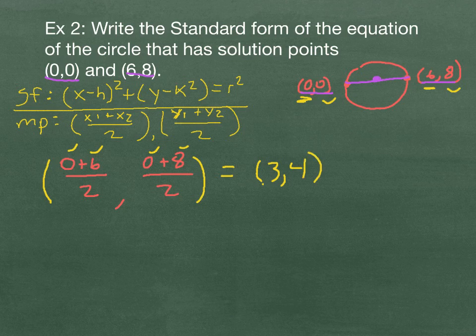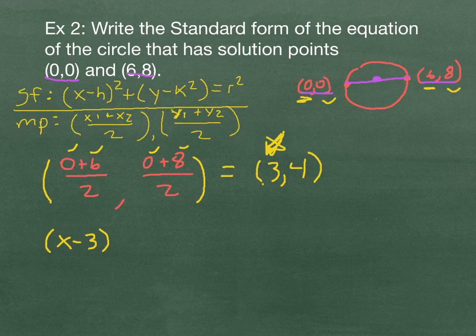Now that I have the midpoint, what I will do is substitute it into the standard form equation. So, x minus 3, remember it's a minus because it's a positive here, but in the equation it says to put it as a negative.